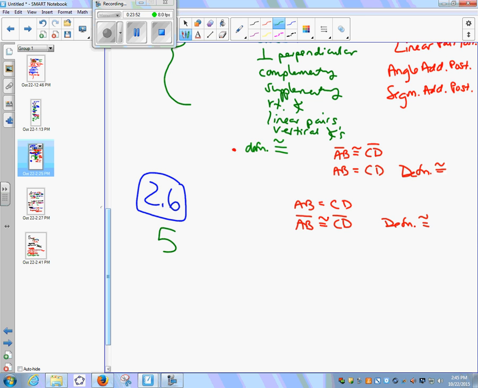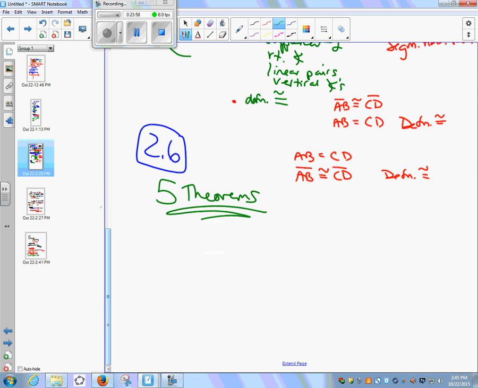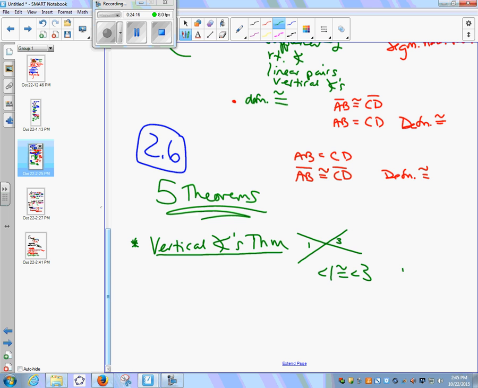Okay, 2.6 has 5 theorems in it. Vertical angles theorem. We talked about this already. If two angles are vertical angles, then they are congruent. So if you see this in a diagram, you could state angle 1 congruent to angle 3 by the vertical angles theorem.